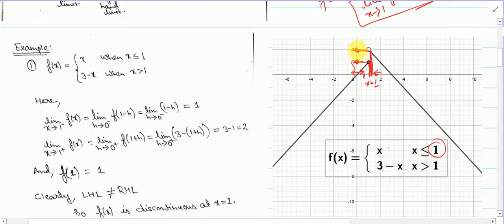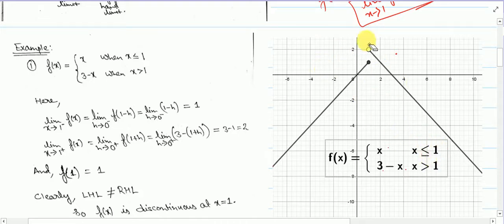So you saw that your right hand limit is this, and your left hand limit is this one, and they are not equal. Let's say this is equal to 2 and this is equal to 3. So they are not equal. So here left hand limit and right hand limit are not equal, so we cannot talk about its continuity. That means discontinuity is there.